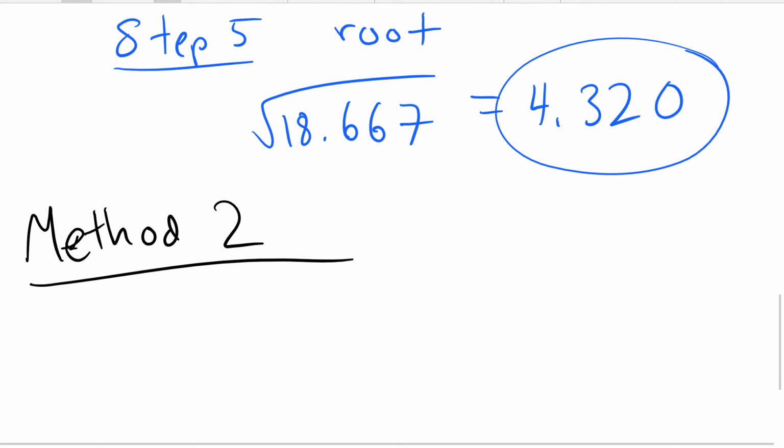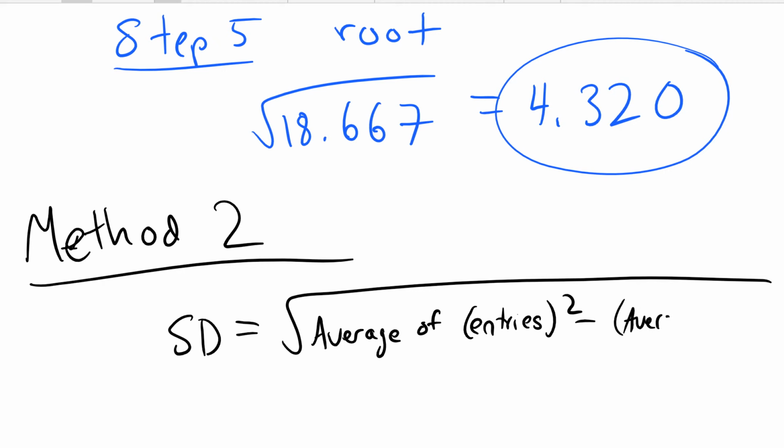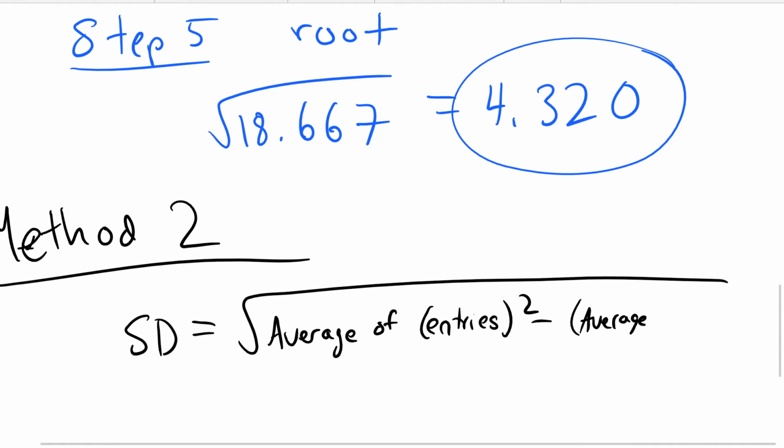Method 2 says that the standard deviation is equal to the square root of the average of your entries squared minus the average of your original list squared.